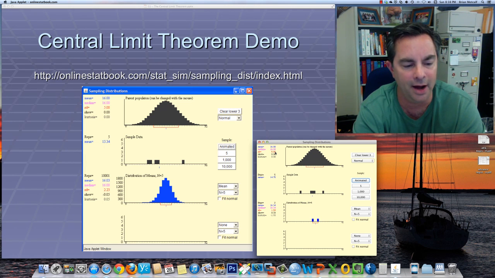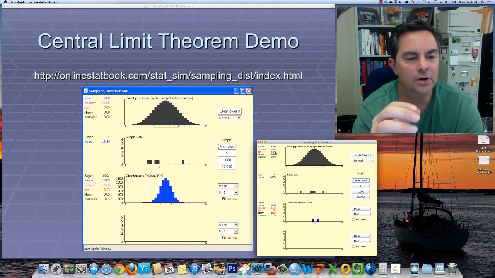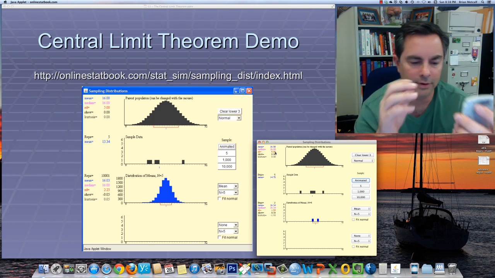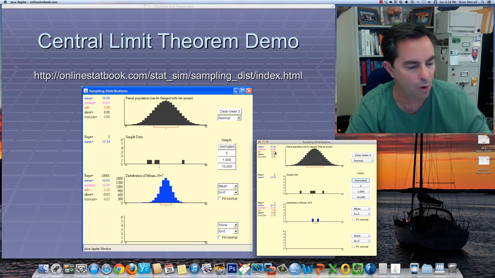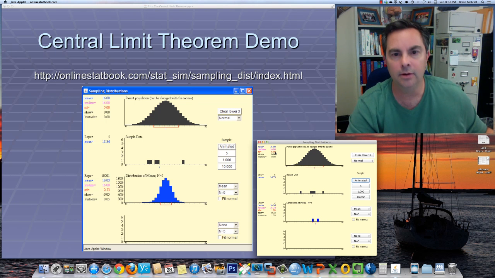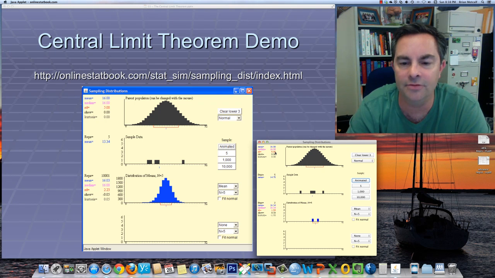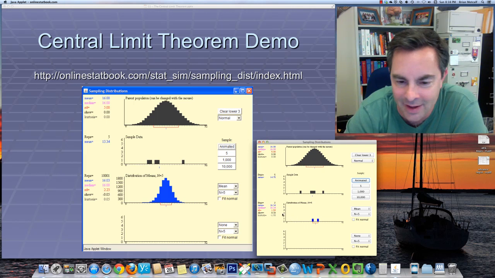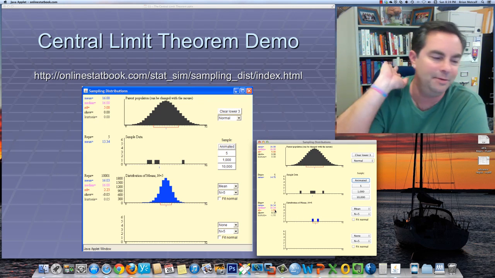So 5 divided by the square root of 5 is equal to, rounding to 2 decimal places, 2.24, all right? 2.24. Our standard error of the mean as this thing proceeds should get closer and closer to 2.24, okay? With just 2 values, it's not very close. It's 1.59, but who cares?